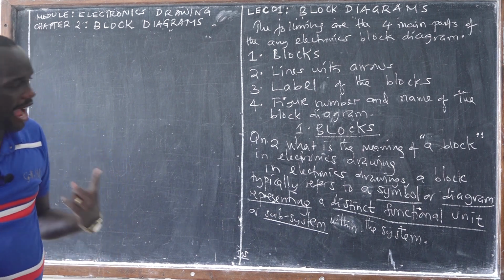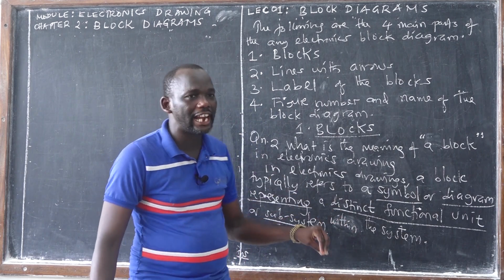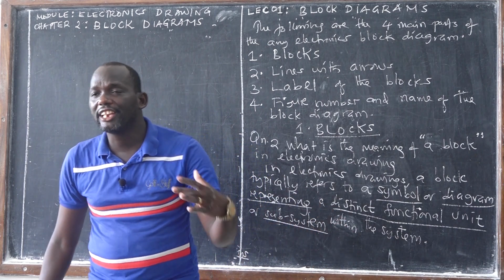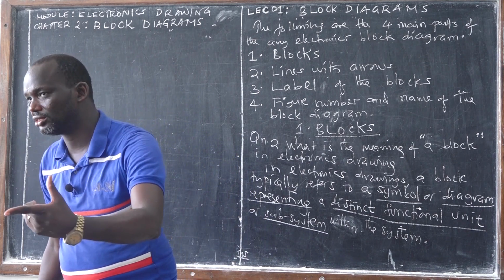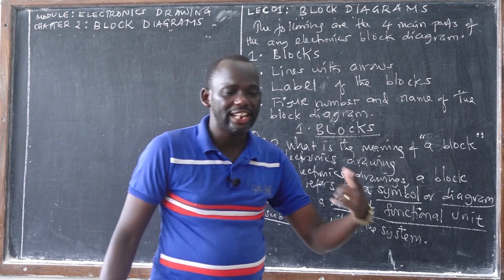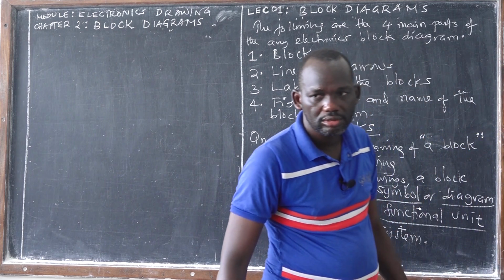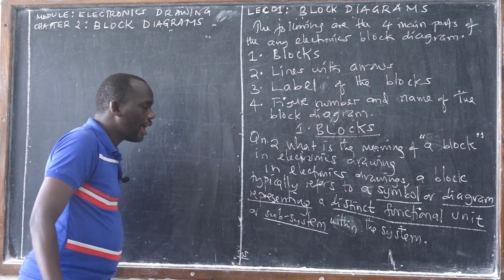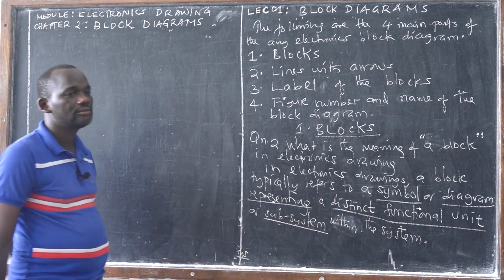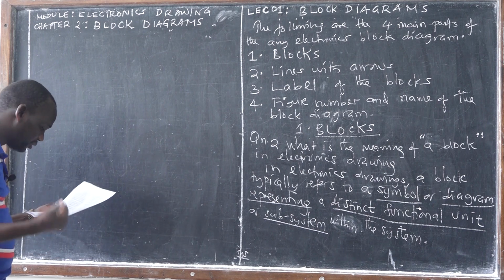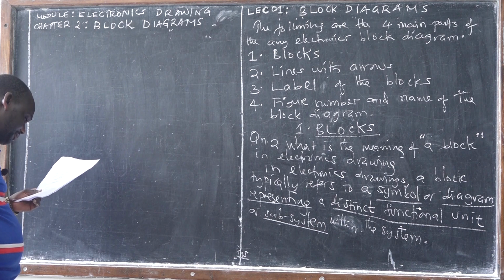It means that a block diagram actually represents different blocks which perform different functions. So each function will be represented by a symbol or diagram called a block. Or subsystem within what? The system. Class, are we together? We are together.